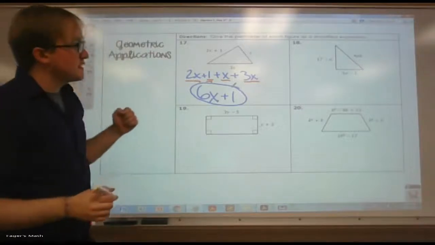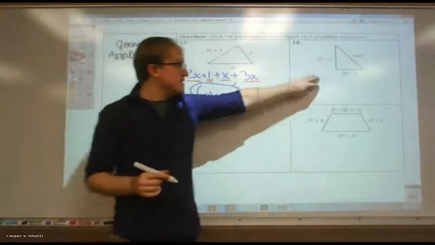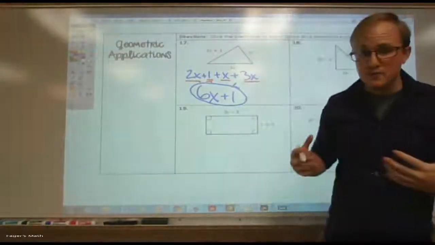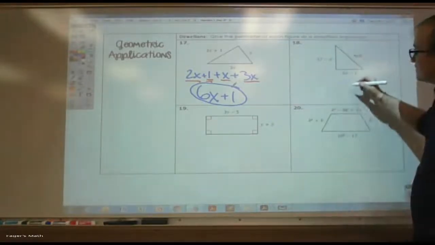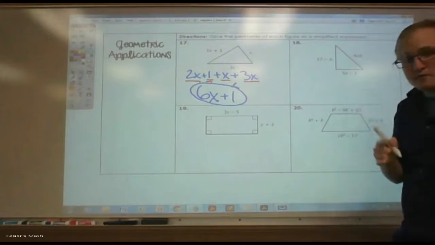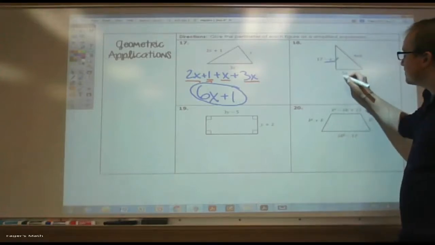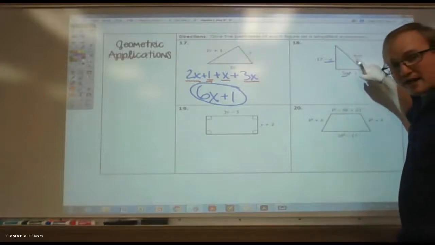And we're going to do the same thing for 18. But instead of rewriting my statement down here, I'm just going to underline what we have up here. Remember that all we're doing for perimeter is just adding up all the sides. So, as I look at this, let's look at the variables first. I have a minus 1a, and I have a 5a. Notice that up here, I have a 4ab.